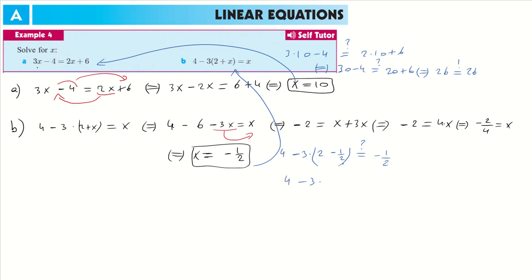So 2 minus 1 over 2 is 3 over 2. So I have 4 minus 9 over 2. 4 is 8 over 2. 8 over 2 minus 9 over 2 is minus 1 over 2. And that is what we have on the right hand side. So it's correct.